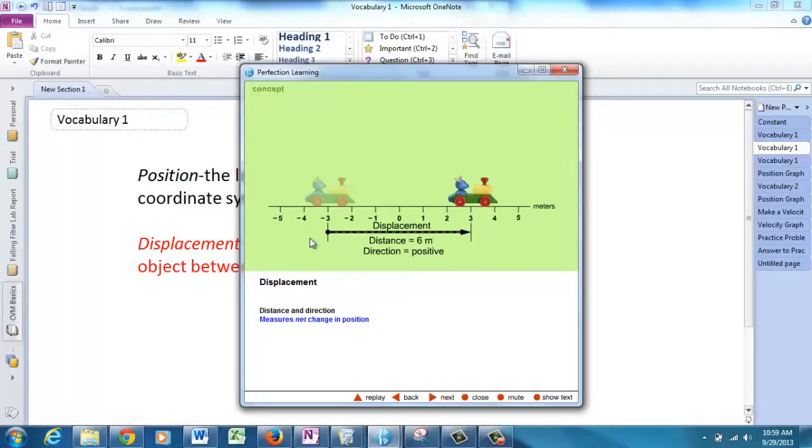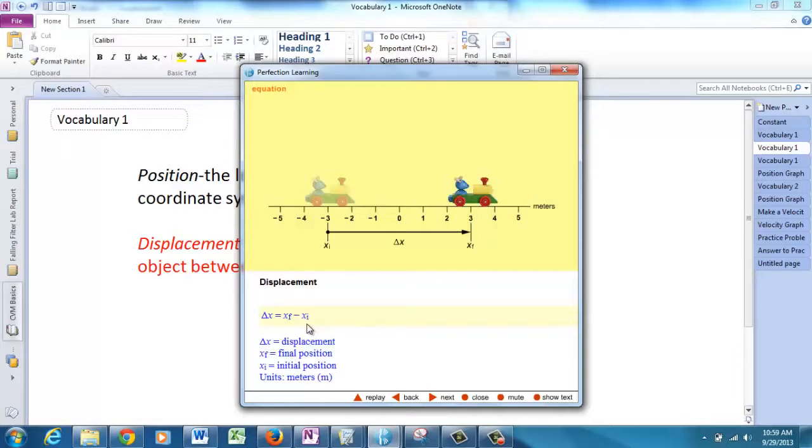So the displacement for this little object is that it is 6 meters in the positive direction. And we don't pay any attention to how far it's moved in between. We just look at the beginning location and the final location, and the change in position between those two is what we call displacement.